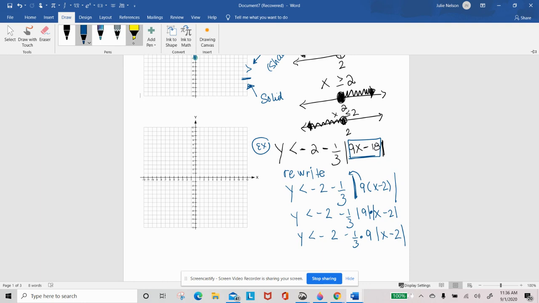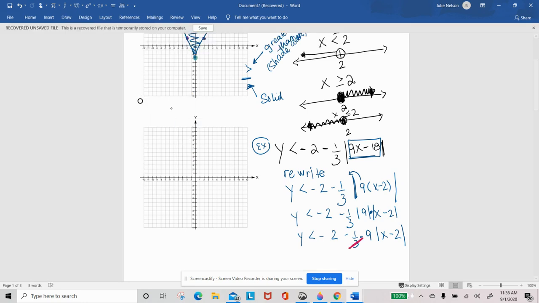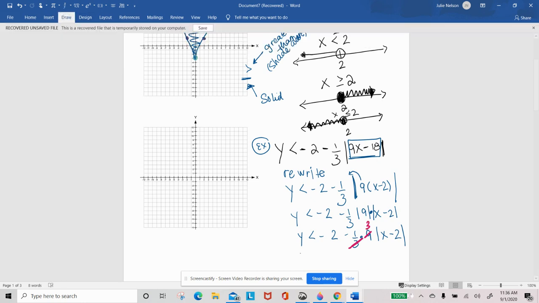And I could simplify this. Okay. So I can simplify this. 3 goes into 9 3 times, right? And so I get y is less than -2. And this -1 times 3 is -3 times the absolute value of x minus 2.